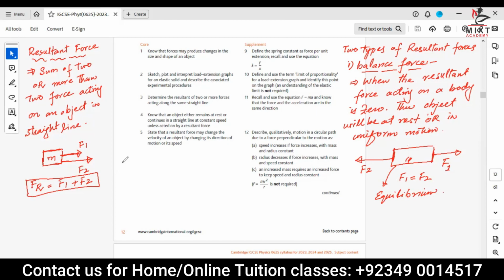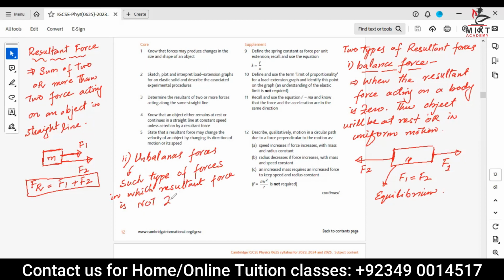The second type is unbalanced forces. Such type of forces in which the resultant force is not zero is called unbalanced force.